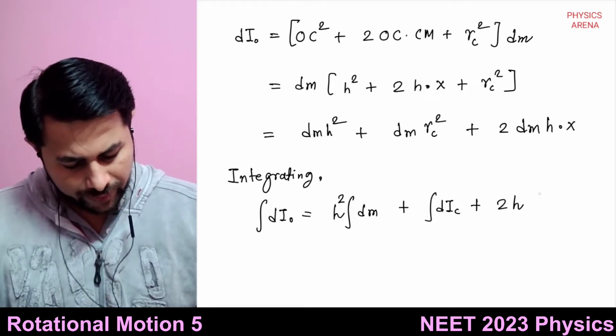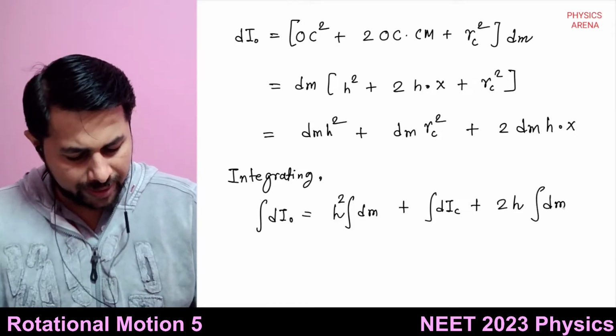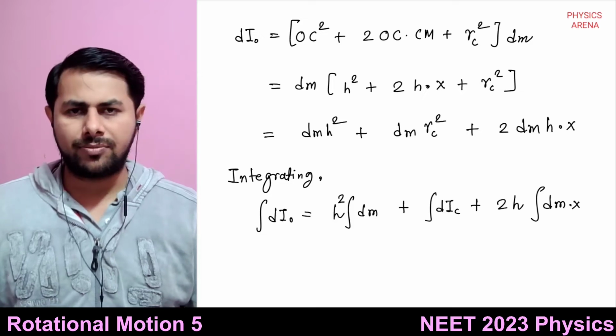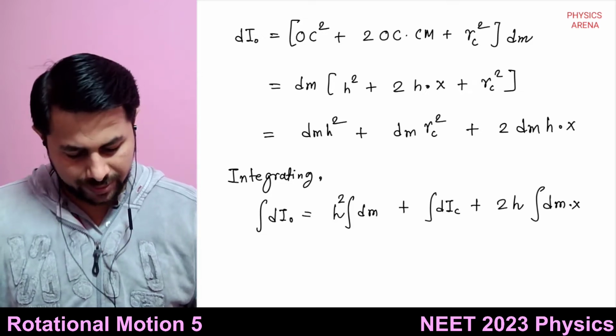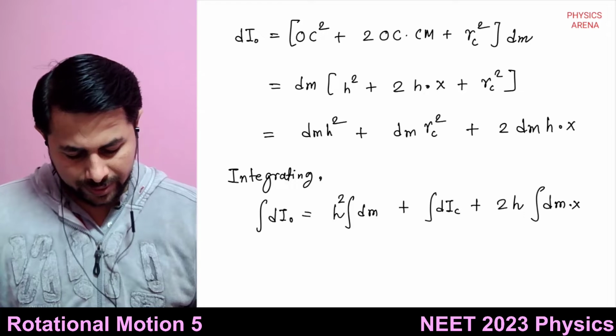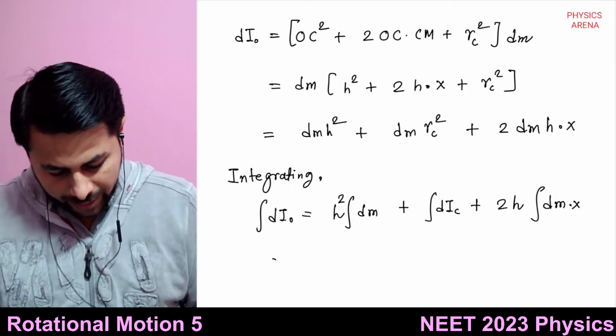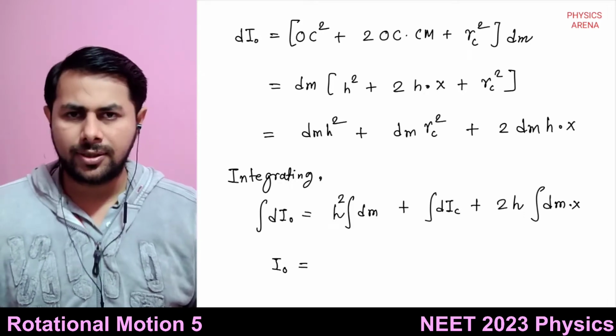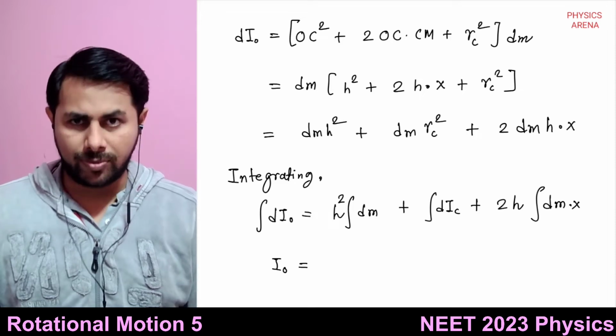And what do you have? You have integration of dm multiplied by x. Then we have IO, the moment of inertia of the total body.